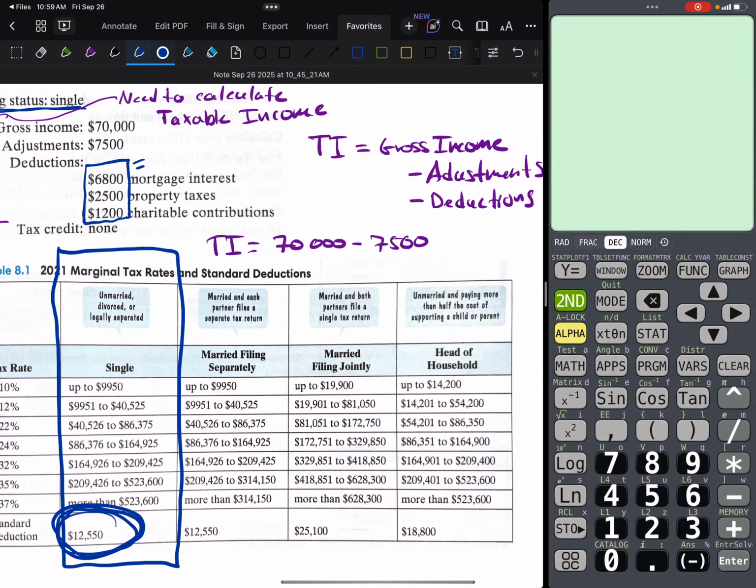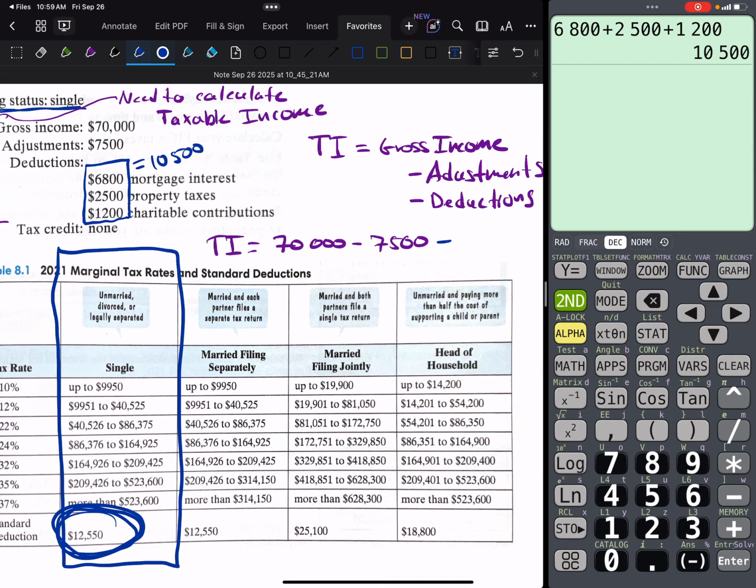But we still ought to go ahead and type out and find out what the number is, make sure that we're correct about that. 6,800 plus 2,500 plus 1,200 is going to give me 10,500. And it's not even close. So it's nearly over $2,000 more. So we take the standard deduction because the standard deduction is greater than the itemized deductions.